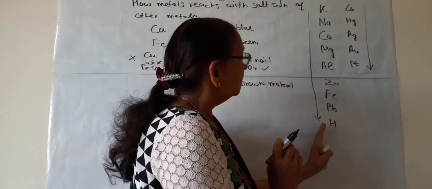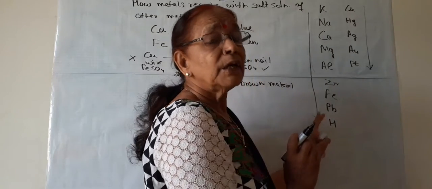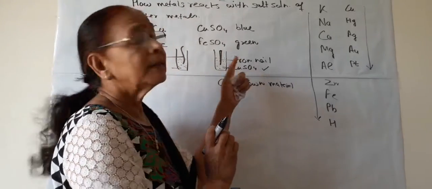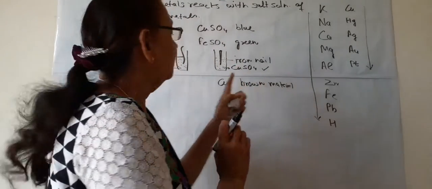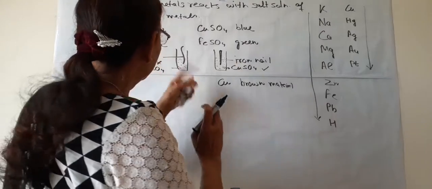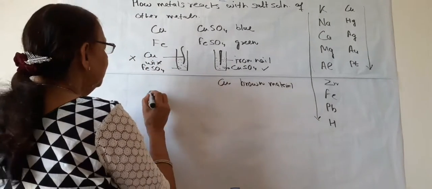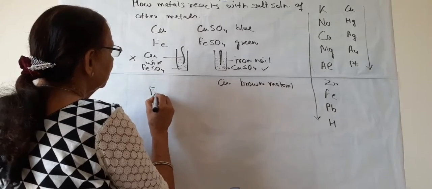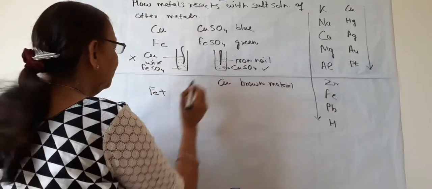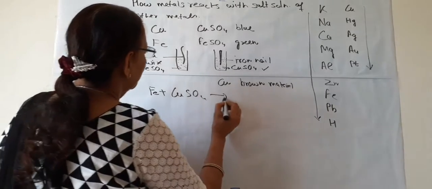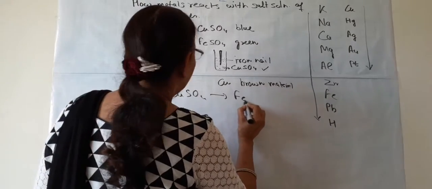By this series we can see which metal can displace which metal. This is a displacement reaction. I can write the equation here. Here is iron, this is the iron nail. So iron plus CuSO4, what will be formed?